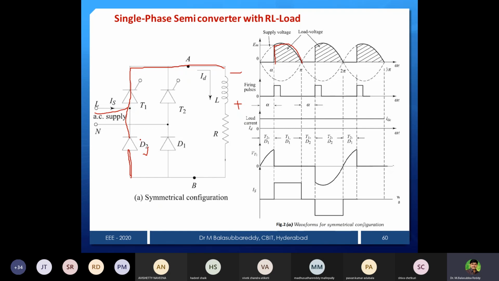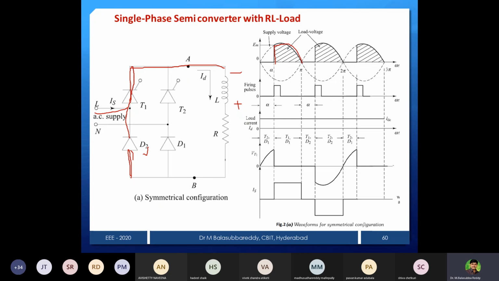So during the positive half cycle T1 and D1 are conducting, but once it reaches pi, the inductor polarities are reversed and minus is directly connected to this point, because T1 is already on, and plus is connected to the anode of D2. Therefore D2 will be forward biased.